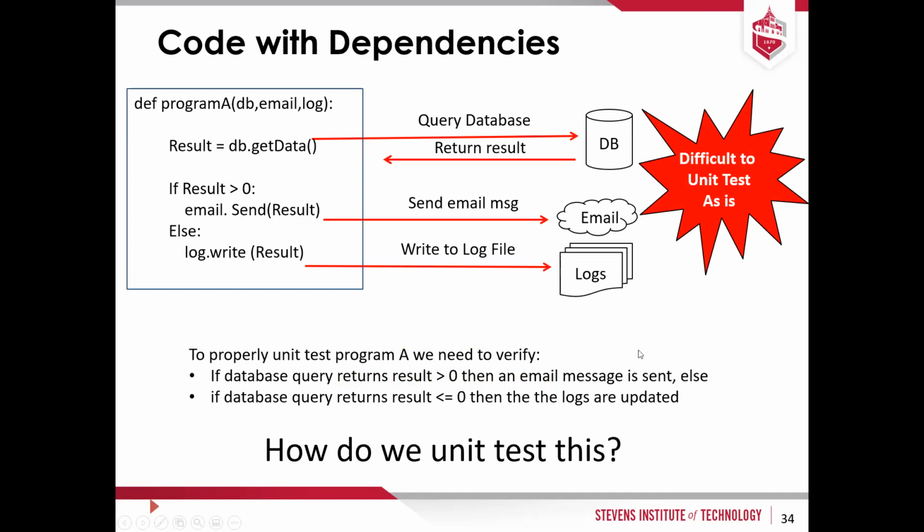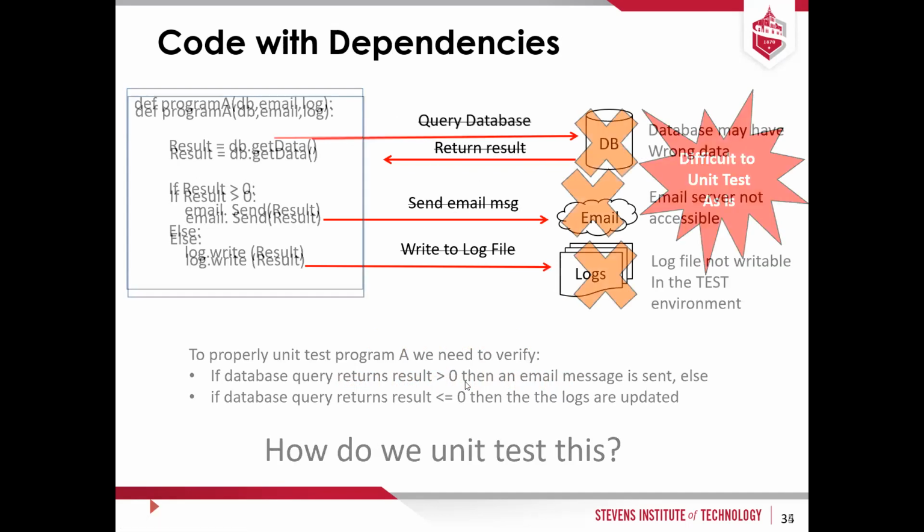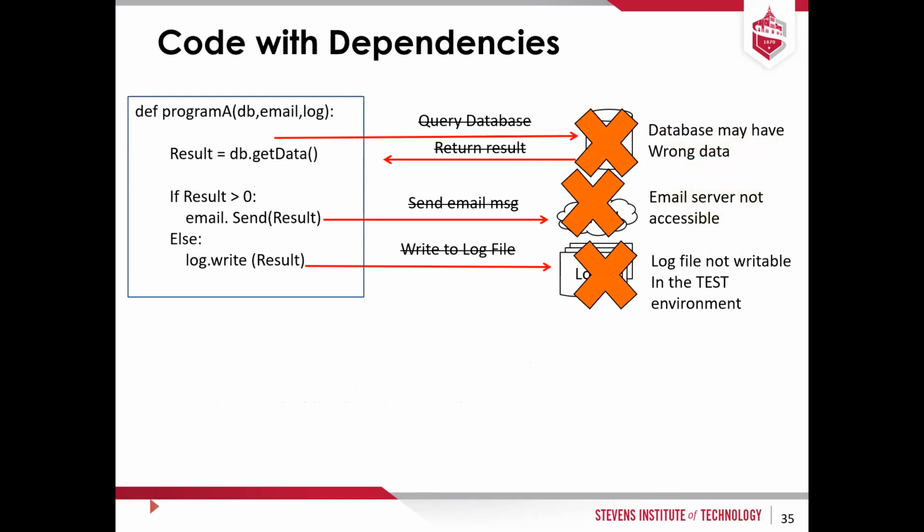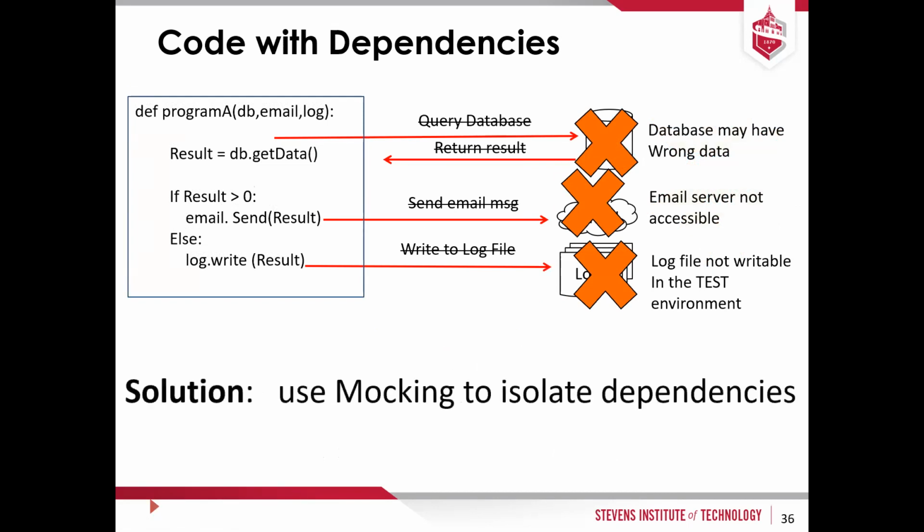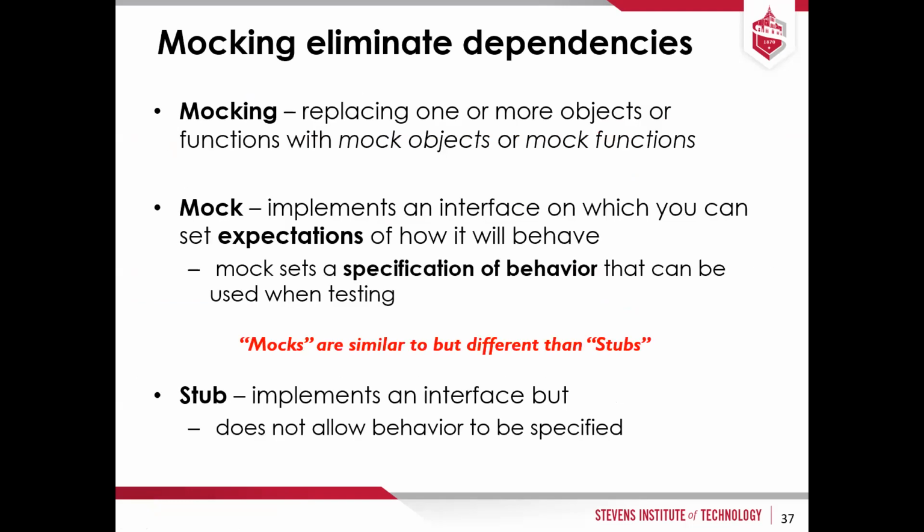For going through that type of situation, we need to reduce the dependencies, right? For reducing the dependencies, the solution is something we call mocking, which makes my testing environment isolated from the development environment. So if something changes, I won't have any problem in testing. What does mocking do? It replaces one or more objects or functions with the mock objects that I have.